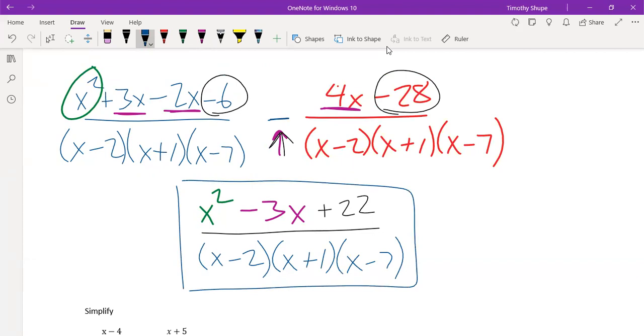Now, the one thing as we go through this, after we found the common denominator and we start to look at combining like terms, the most common mistake I see is forgetting to subtract the terms from the second expression. Most students will go ahead and subtract off that 4x, but they'll forget to subtract off the negative 28.